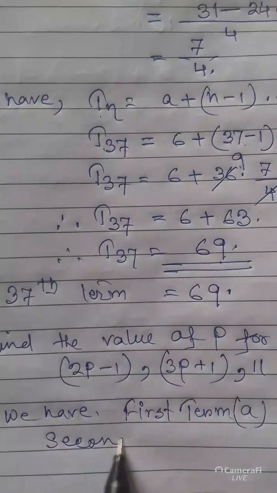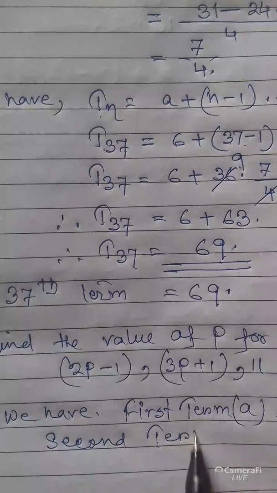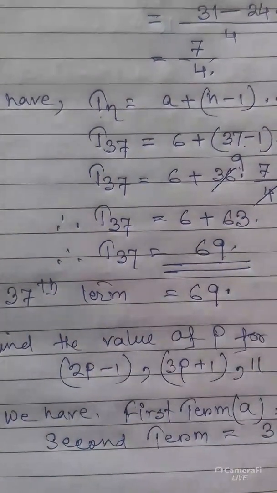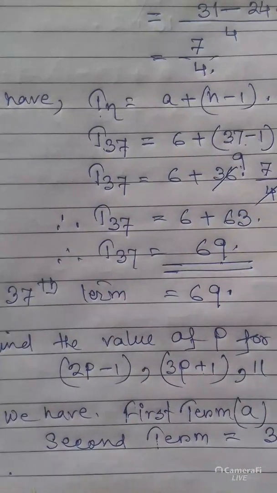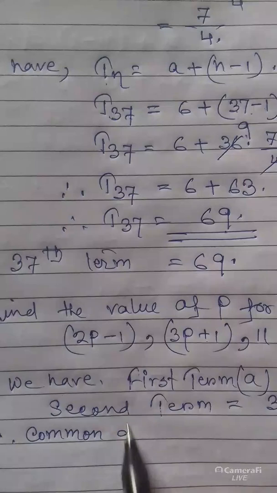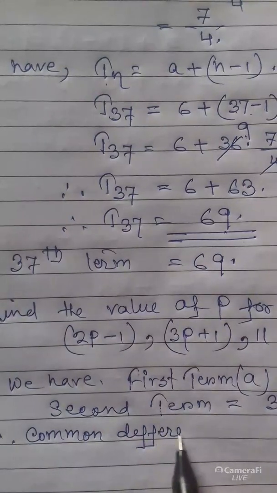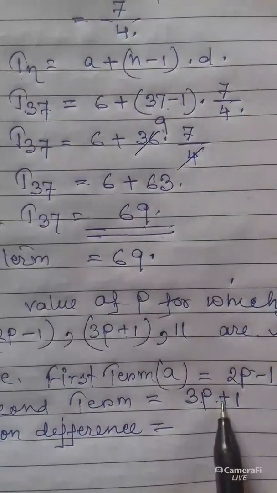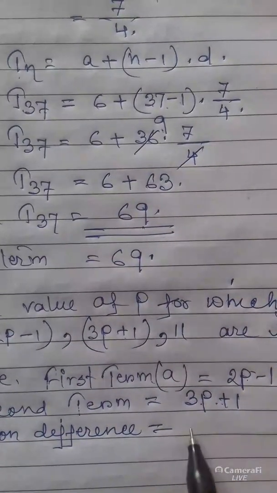Second term equal to 3P plus 1. Therefore, common difference equal to second term minus first term. Here second term equal to 3P plus 1 and first term equal to 2P minus 1.